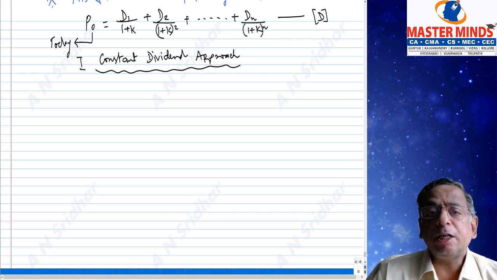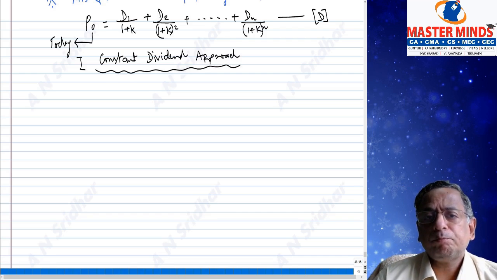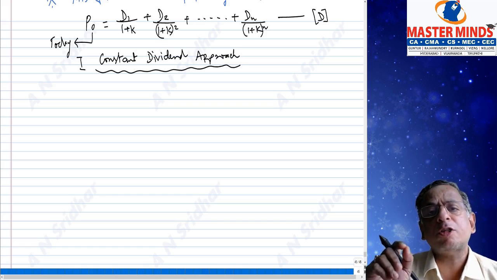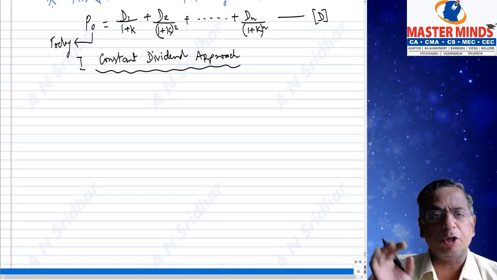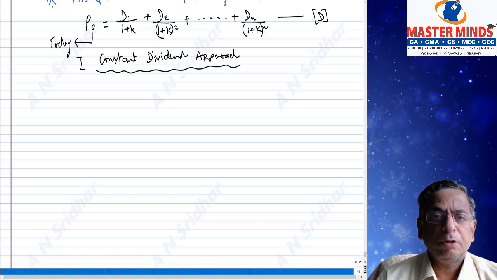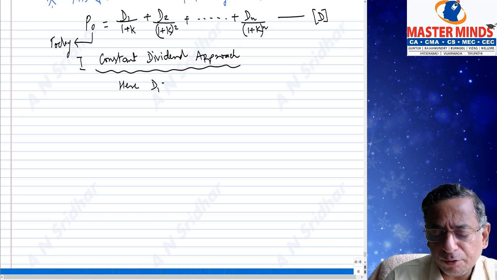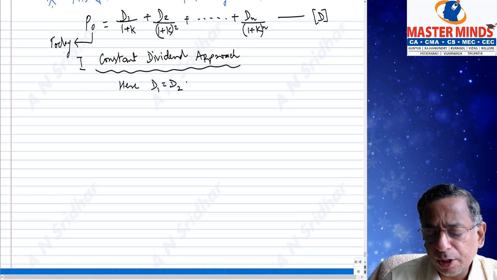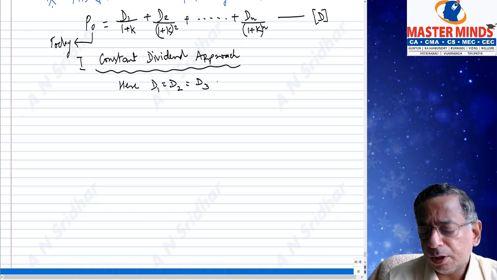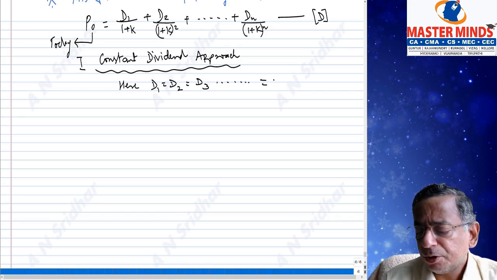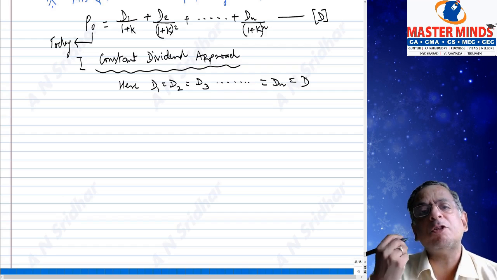Now, constant dividend approach means the dividend is going to be constant forever. So therefore here D1 equal to D2 equal to D3 equal to Dn equal to D. Everything is constant.